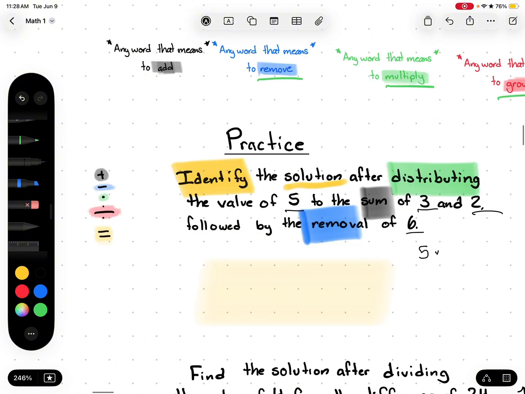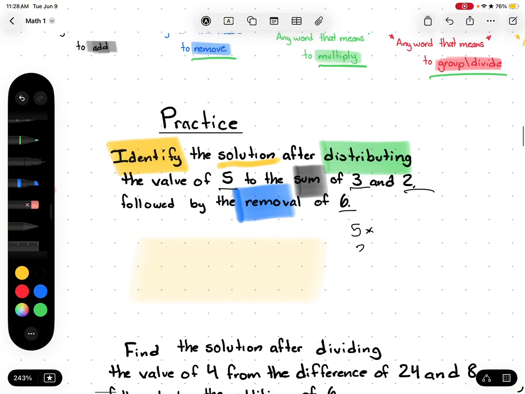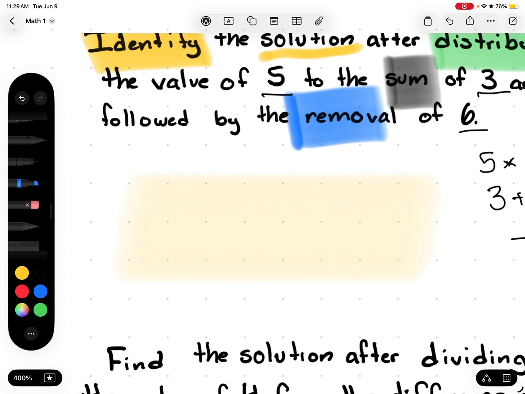So essentially, what we have is 5 multiplied, and then we have 3 being added to 2, and then the last thing we have is minus 6. So how would we set this up? First, we know that 5 is going to be distributed to these things. And if you know what distribution means, distribution is normally associated with parentheses. So what we would do is 5 times the sum of 3 and 2.